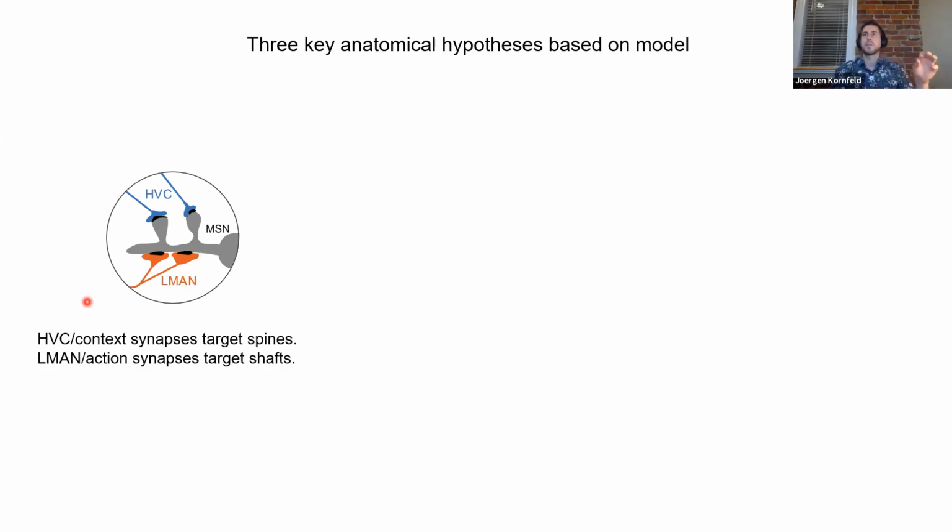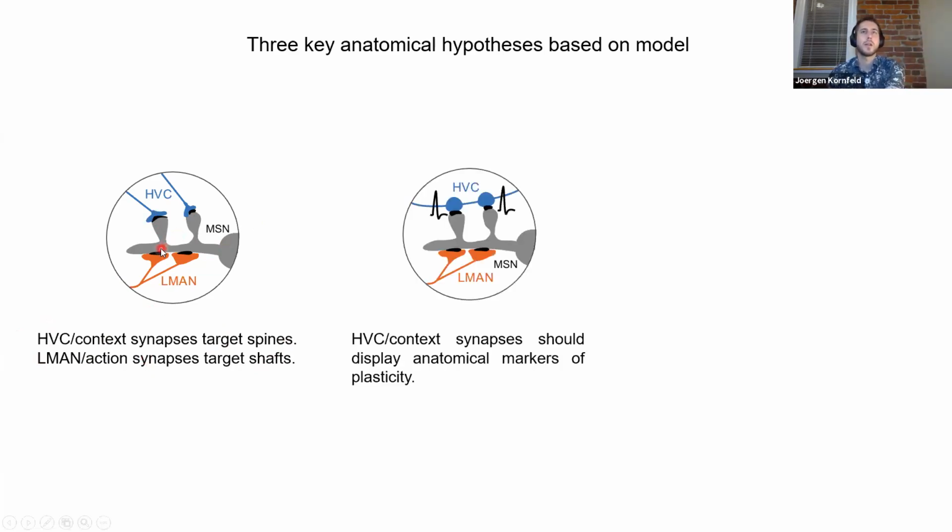If you want to learn something, you want to base it on a stable context, but it's impossible to base learning on something that just varies and fluctuates randomly. So we predict that the HPC context synapses target the plasticity compartments of the medium spiny neurons, the spines, but that the element synapses, which convey information about the random change that just happened, target the dendritic shaft.